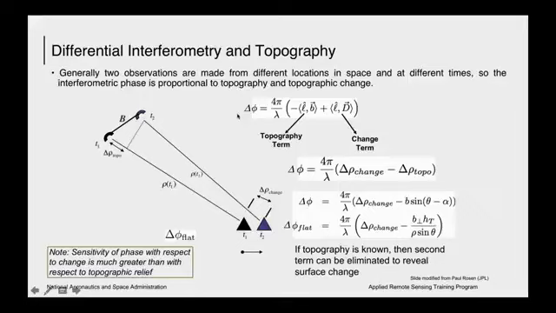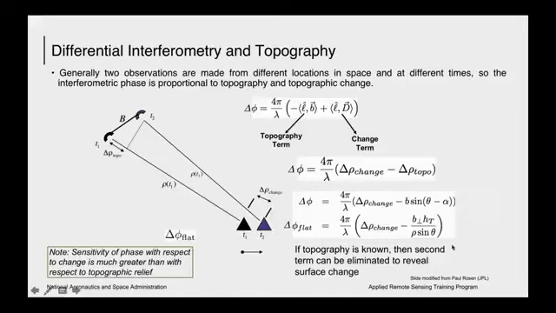So now the phase that we measure from the interferometer is a combination of a term that's due to the topography, any elevation of the surface, and the term that's due to the ground deformation. So we actually have to find a way to separate those two.